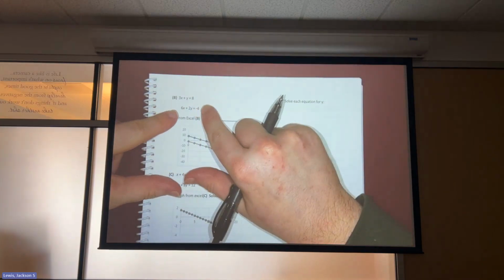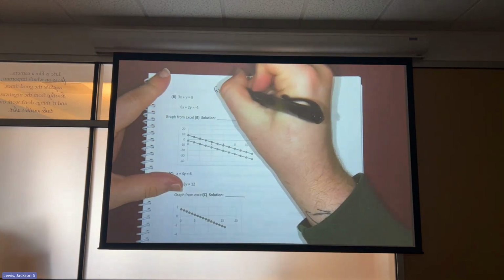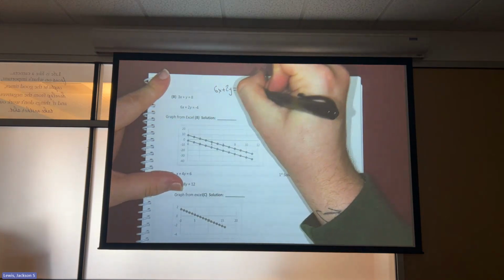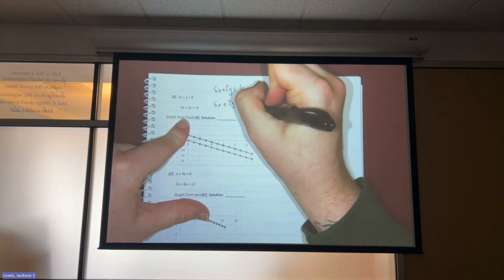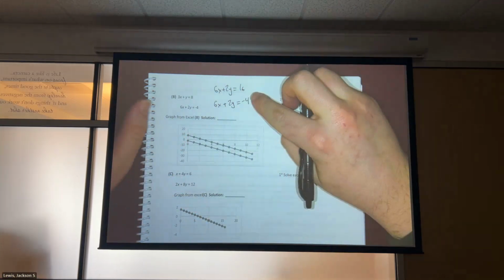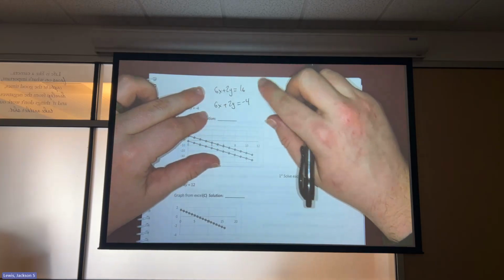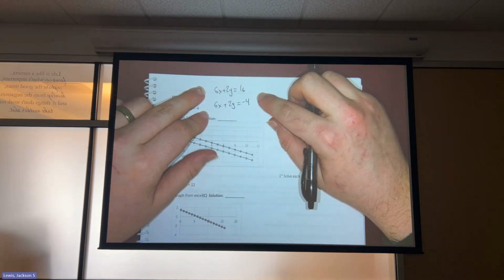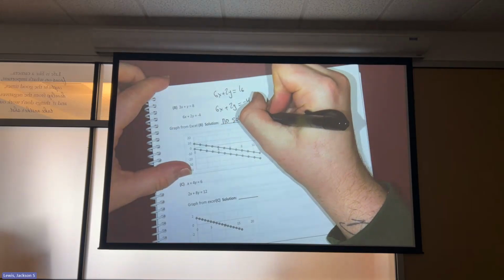If I multiply this top equation by 2, I get 6x plus 2y equals 16. The bottom one says 6x plus 2y equals negative 4. Is this possible? The same expression can't equal two different things. So there's no solution.